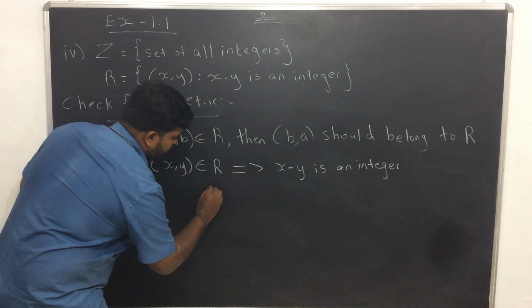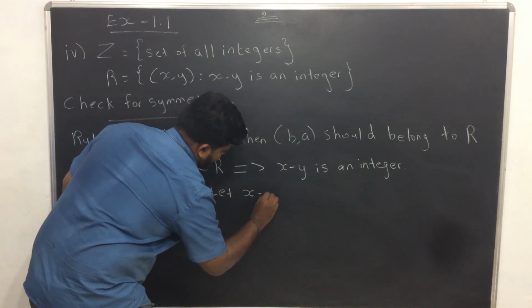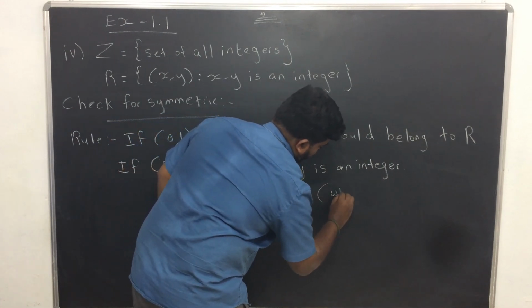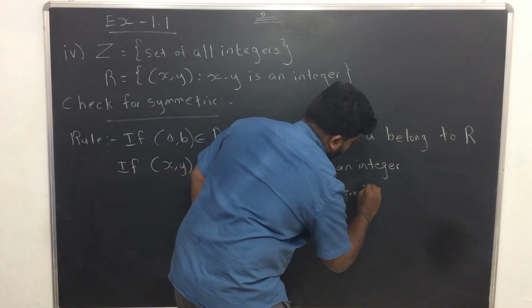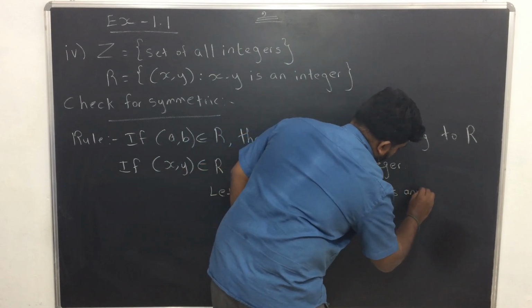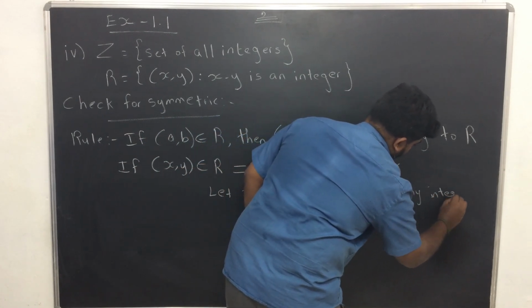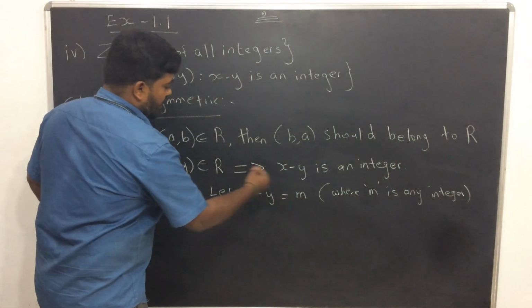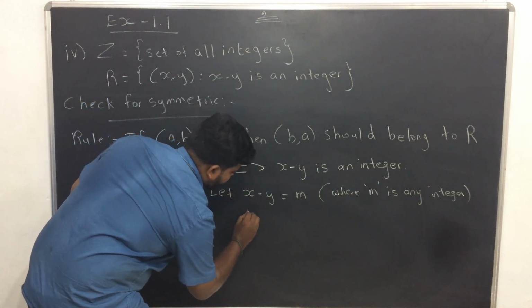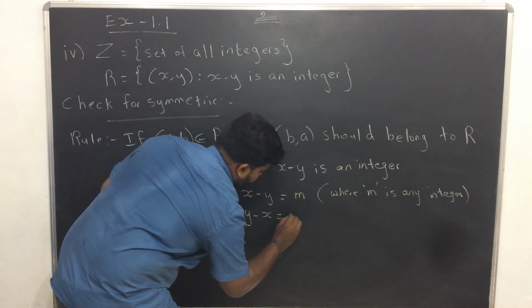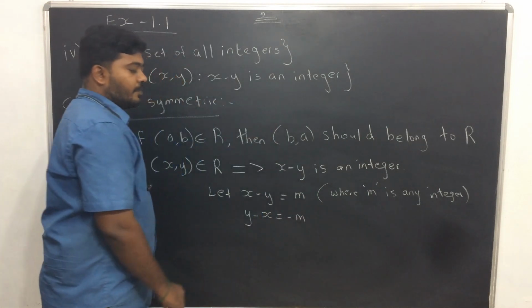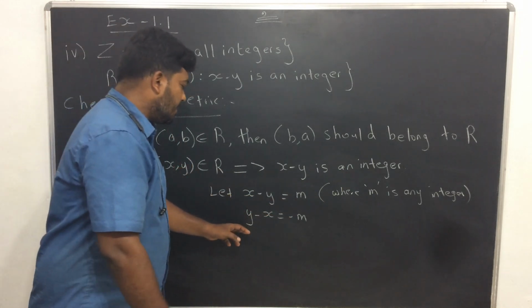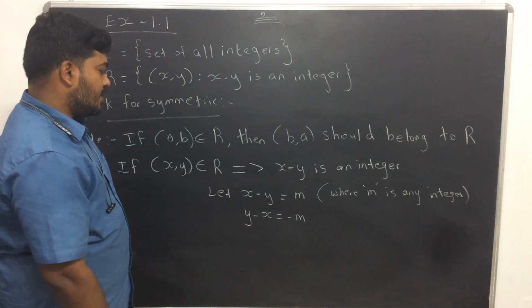Now, let x minus y be equal to, say, m, where m is any integer. I am assuming that integer to be m. Now, how can I write this equation? x minus y is equal to m, so we are changing sides. It becomes y minus x equal to minus m.